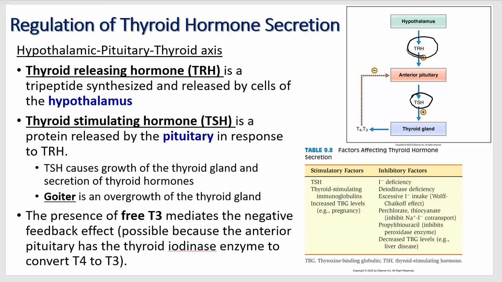So the presence of free T3 mediates the negative feedback. So it's T3. T3 and T4 both go back to the pituitary, but it's really the T3 that has the effect, and that's because it has that iodinase enzyme that converts the T4 to T3.